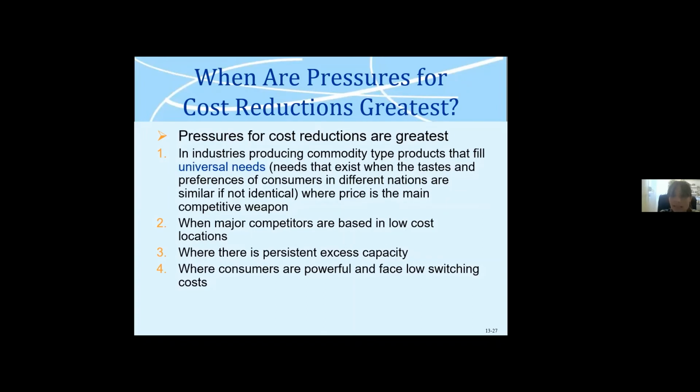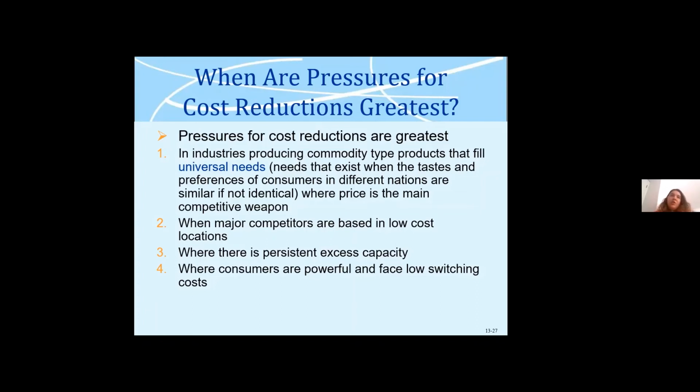So this tends to be the case, for example, for products that serve universal needs. Have you heard about this term? What are universal needs? They are needs that everyone or most people have.